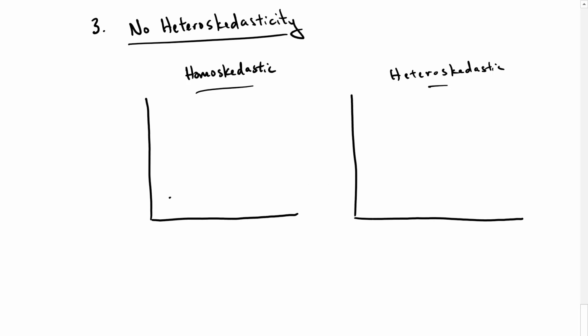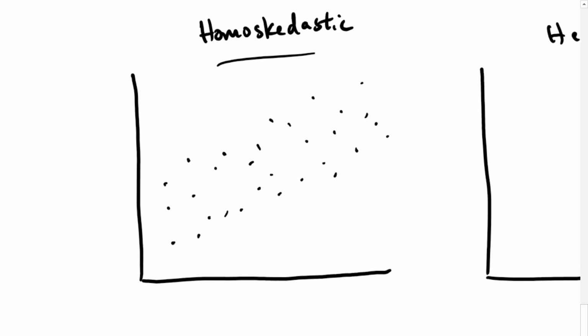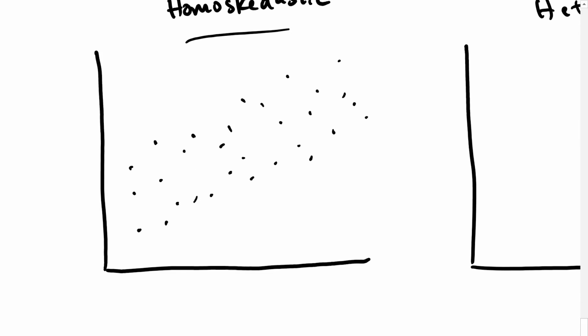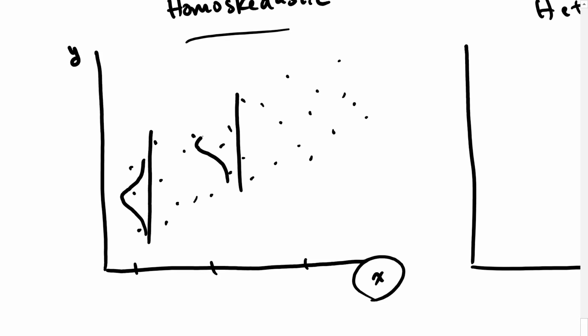If you have some data that's pretty evenly dispersed between the x and y for all levels of x, whether it's here, here, or here, and you were to draw the variance of that data, it has about the same variance all the way along.